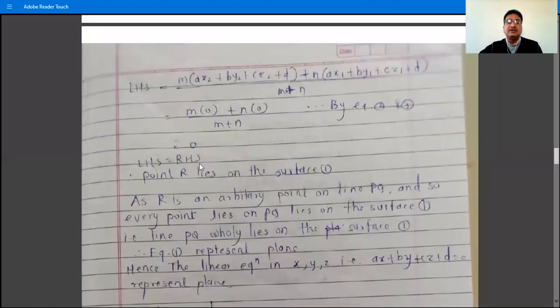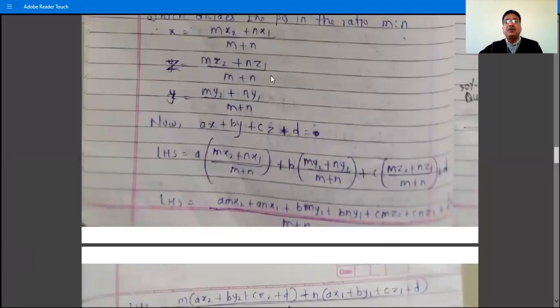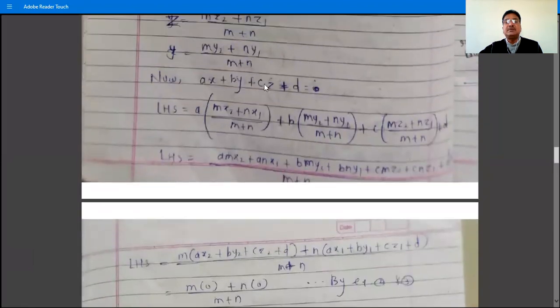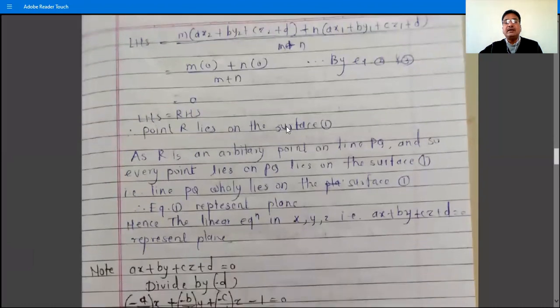So the next sentence is what? Point R lies on the surface 1, because the coordinate of the point R satisfies the equation ax plus by plus cz plus d equal to 0. Therefore point R lies on the surface 1, as R is an arbitrary point, any point on the line PQ, and so every point on PQ lies on the surface 1.